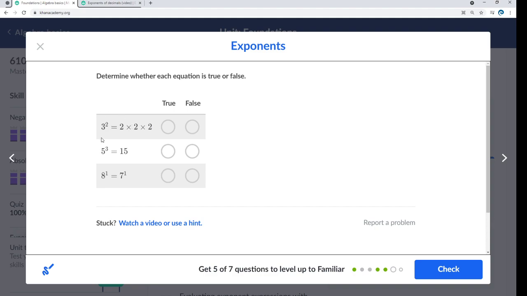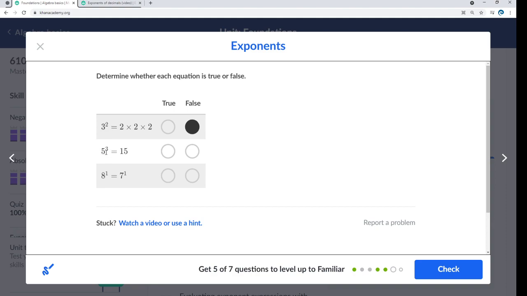All right. 3 to the second power is not 2 times 2 times 2. I dub thee false. And then 5 to the third power is not 15. Because it would be 5 times 5, which I now remember is 25 and not 10.